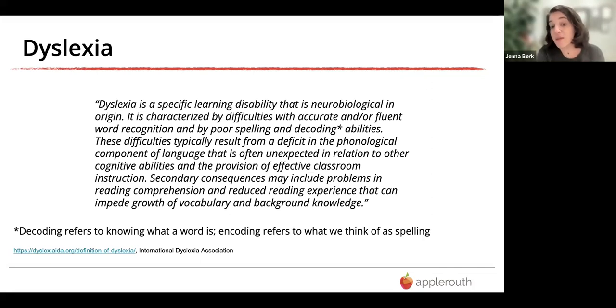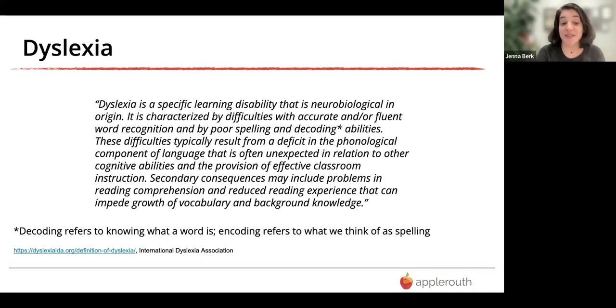So these difficulties typically result from a deficit in the phonological component of language that is unexpected in relation to other cognitive abilities. So just because you have dyslexia does not mean that you are unintelligent, that you are not gifted, that you are not going to be an excellent student. It is just one part of how your brain works.